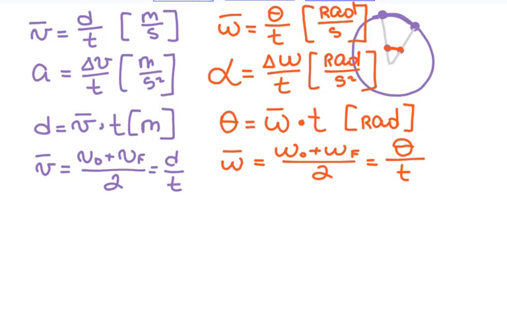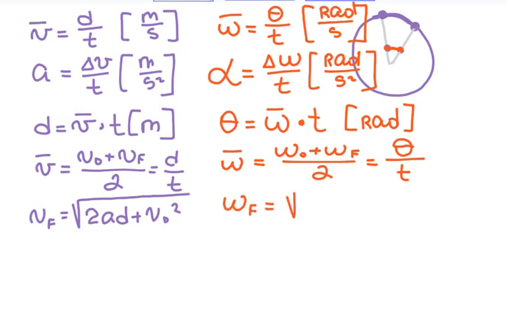You also had a final velocity formula if you have the distance and acceleration combination. That would be the square root of 2AD plus initial velocity squared. Here you also can have final velocity found by the square root of 2 times acceleration times the distance plus initial velocity squared.